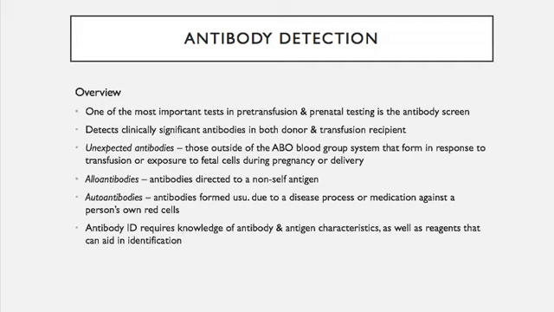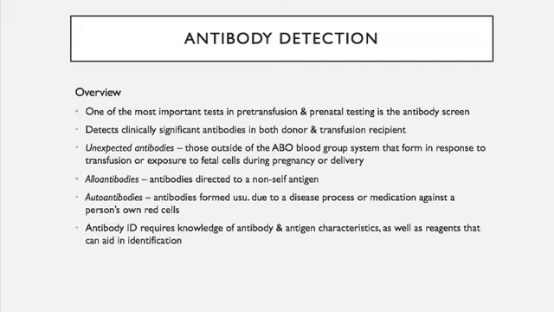For instance, if you are a type A person, you have the A antigen on your red cells, you would naturally produce anti-B, or antibodies to the B antigen. So those are naturally occurring. Unexpected antibodies form in response to transfusion or exposure to fetal cells during pregnancy or delivery.